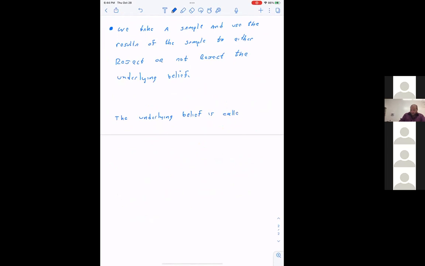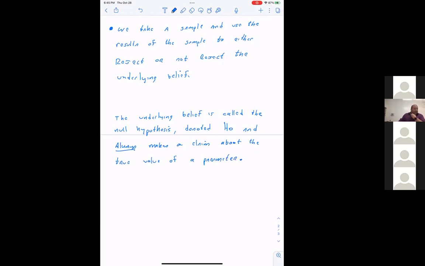So the underlying belief is called the null hypothesis, denoted H sub 0, and always makes a claim about the true value of a parameter. Okay, so the null hypothesis H0 makes a claim about the true value of a parameter.